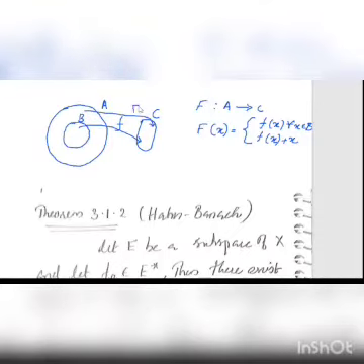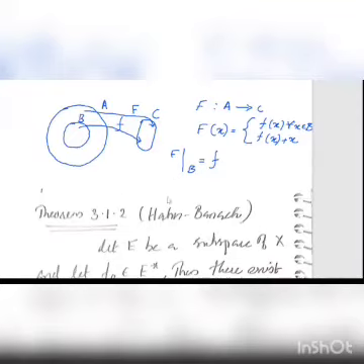We write this as capital F restricted to B is equal to small f. So this is the general extension idea.